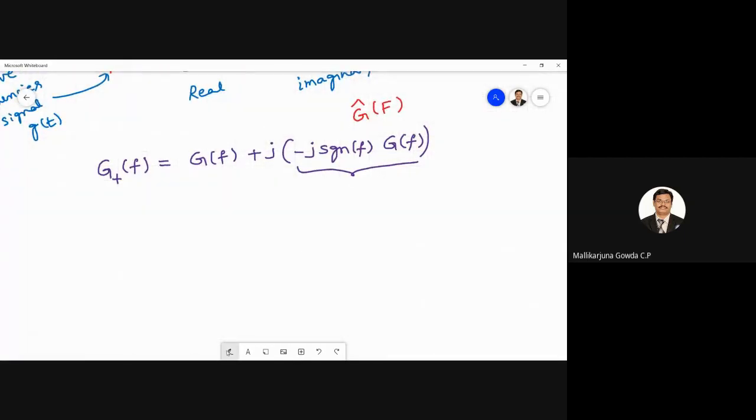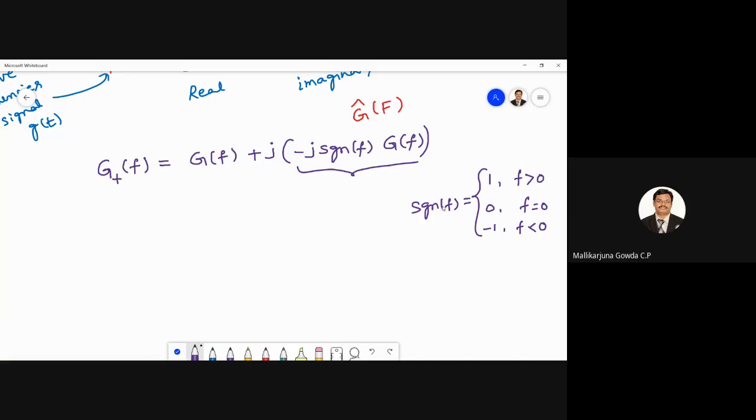The signum function is equal to 1 for f greater than 0, it is 0 at f equal to 0, and it is minus 1 when f is less than 0. Hope you remember this. I think I told you in the last class.